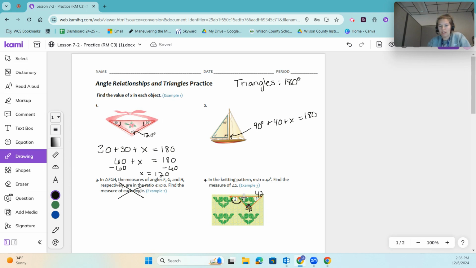Now we could figure out this angle here and then subtract from 180, and we can absolutely do that. So 90 plus 42 is 132, which means that this tiny little angle here is going to be 48 degrees. Well, if this is 48, then angle 2 is 132 degrees. When you have an exterior angle outside of a triangle like this, it is equivalent to the other two angles added.